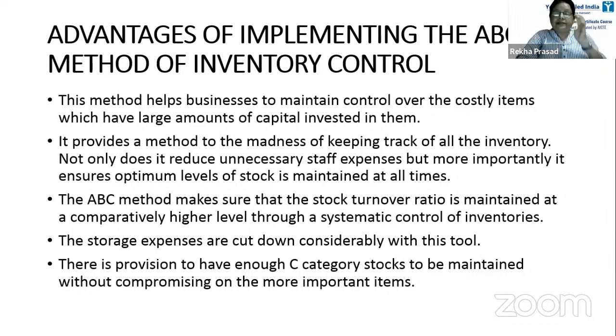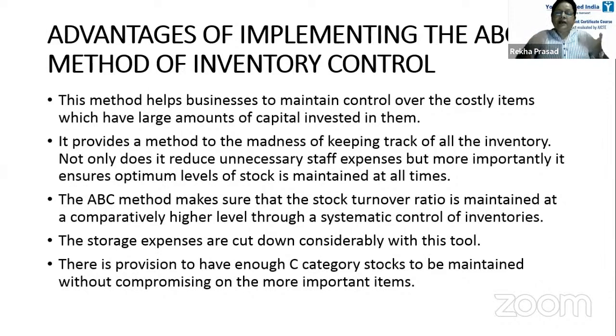It provides a method to the madness of keeping track of all the inventory. अब एक साथ सबको रख दो, सबको एक तरह से देखने लगो तो you'll go mad. तो इससे अच्छा है कि you categorize them. Categorize the material in A, B, and C. And accordingly, you look after those material.